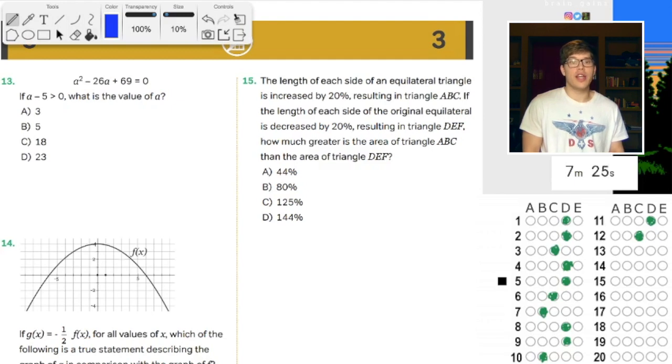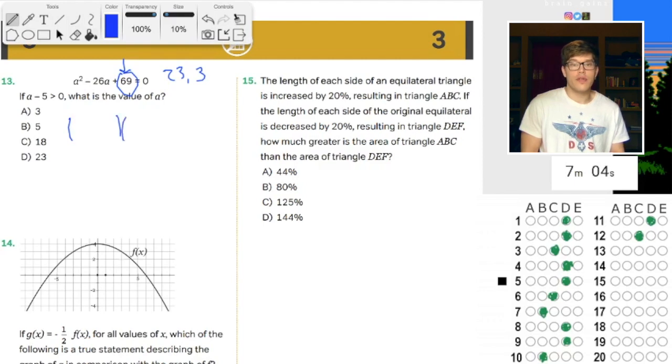All right, number 13. If a minus 5 is greater than 0, what is the value of a? Okay, so I'm looking at this. 69 is an obscure number. It's co-prime. Its only factors are 23 and 3. And look, 23 and 3 add to 26.